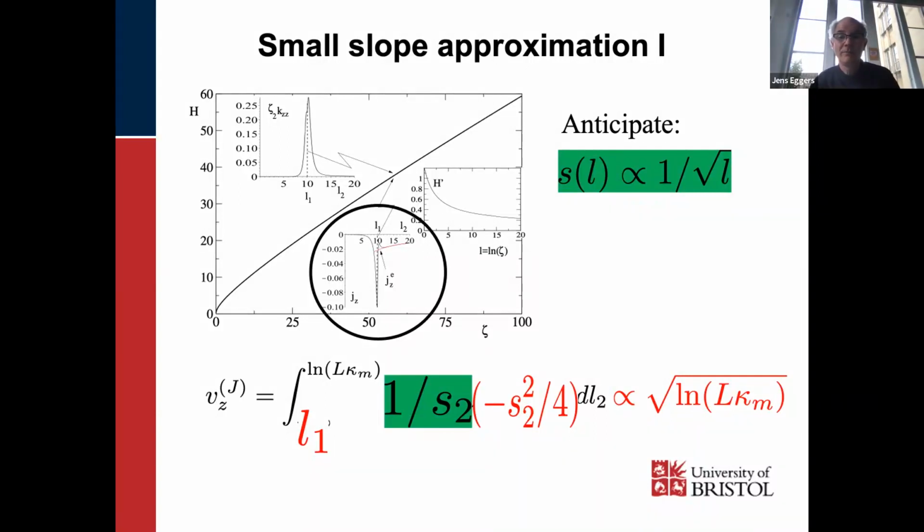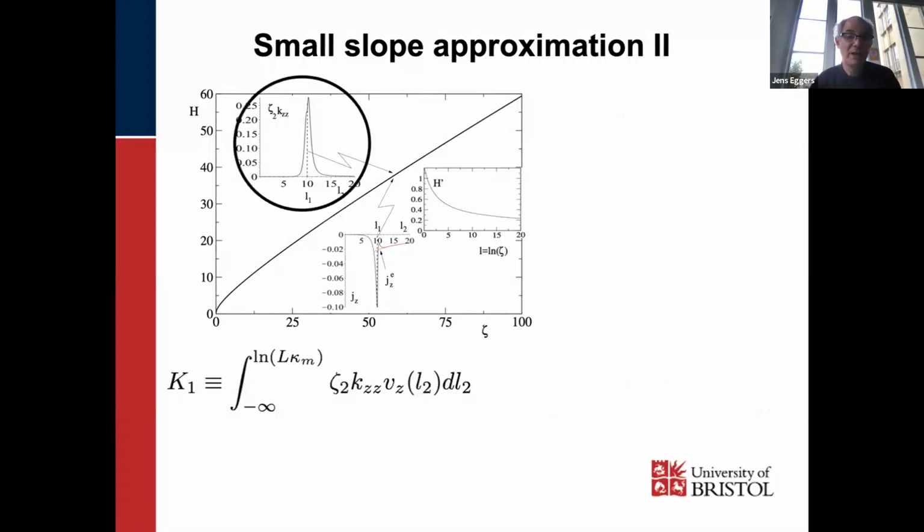So now let's come to the other integral I want to show you. That's one of the K integrals. Here you have a convolution of the velocity field itself with some kernel KZZ, which is shown here.